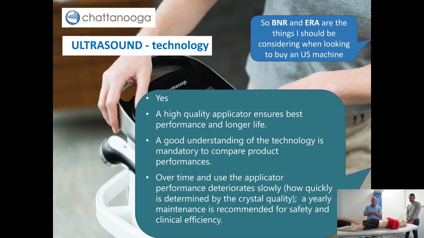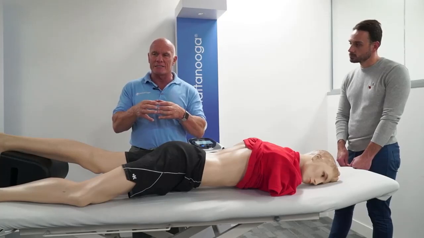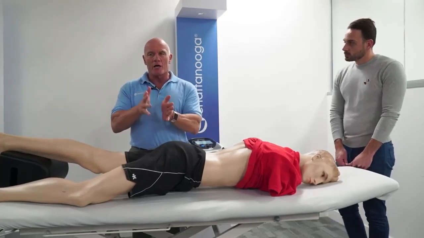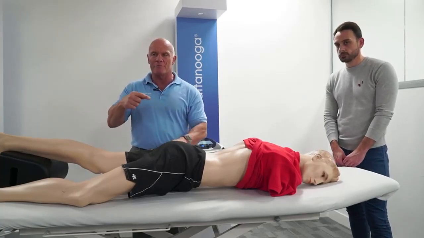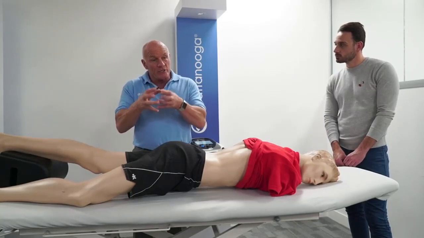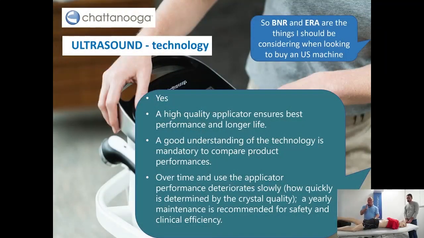A good understanding of the technology is mandatory when you're comparing product performances, and over time and use, the applicator performance does deteriorate slowly. It's a man-made crystal. It does slowly deteriorate. Okay? How quickly is determined by the crystal quality. Okay? So again, buy a good quality crystal, it's going to last a lot longer.